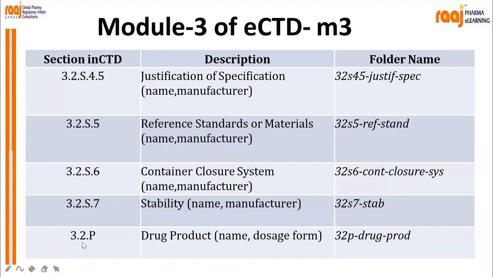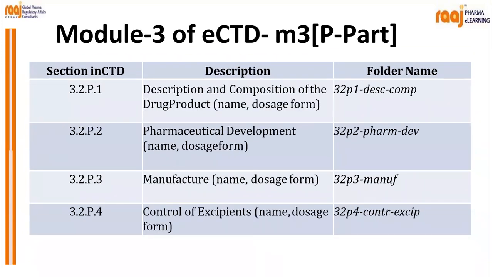Then we move forward with the 3.2.P. P talks about the drug product. For the drug product you have to consider P1, P2, P3, P4, P5, P6, P7, and P8.